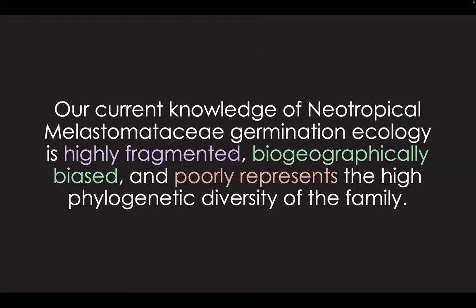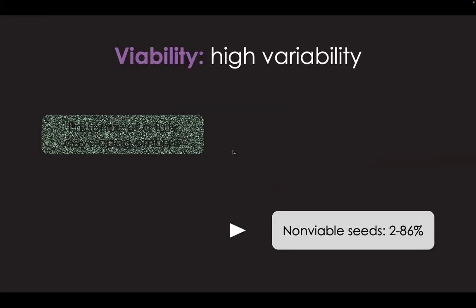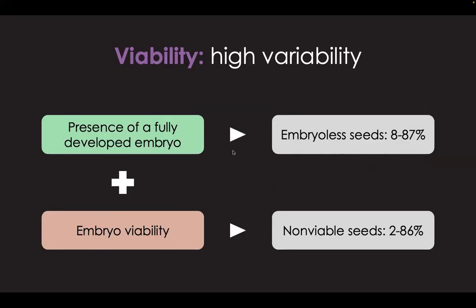But even if this bias exists and we are capable of recognizing it, we were able to find some interesting patterns about the different topics that we evaluated. For example, regarding seed viability, we found high variability. When we think about seed viability, we should think of two things: the presence of a fully developed embryo, and that this embryo is viable, meaning that it is able to germinate.